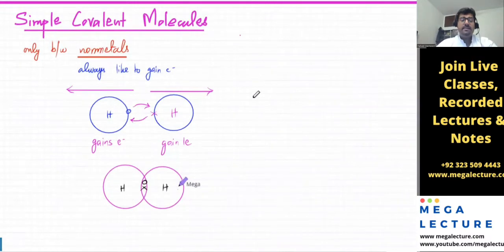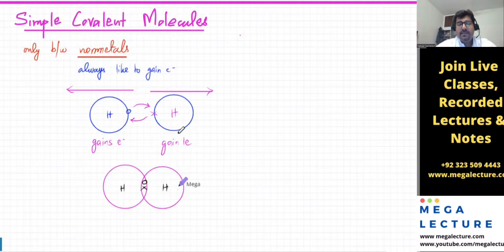And it only happens when you just have non-metals. Because if you had a metal somewhere, the metal would lose electrons, it would form ions. But a non-metal is not willing to lose electrons. It's always trying to gain electrons. So the electrons are stuck exactly in the middle, and that's known as a single covalent bond.